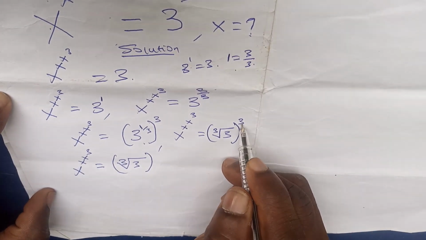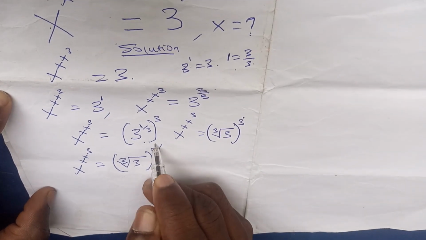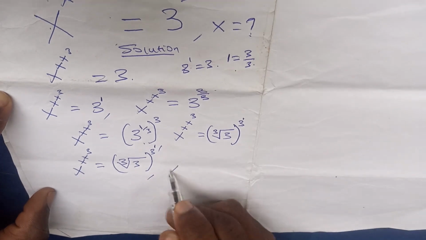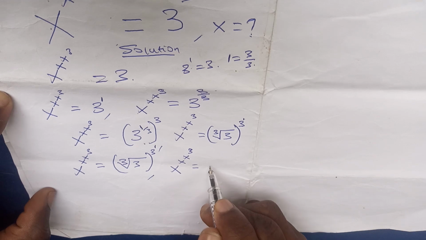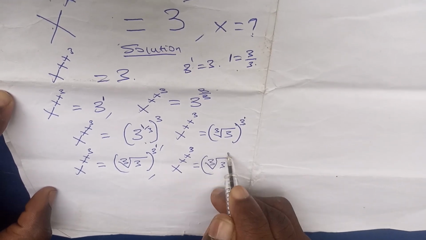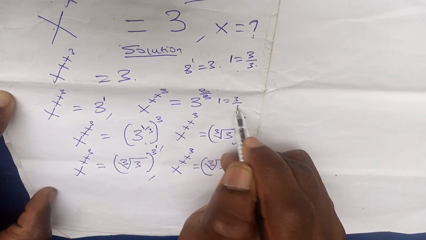Recall, we can also have 1 at this point, so we can say 3 to the power of 1, right? We now have x to the x to the x to the 3 is equal to the cube root of 3 to the power of 3, and we said 1 is also equal to 3 over 3.